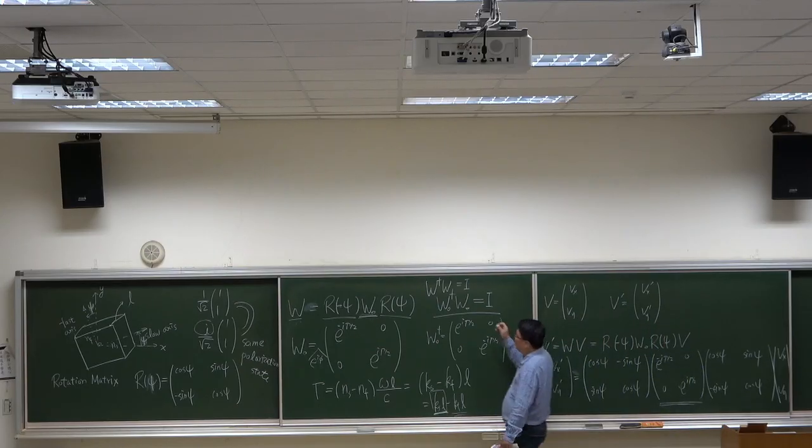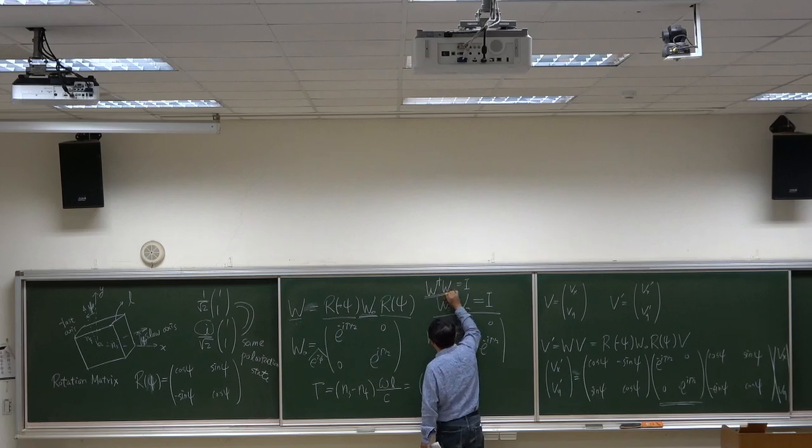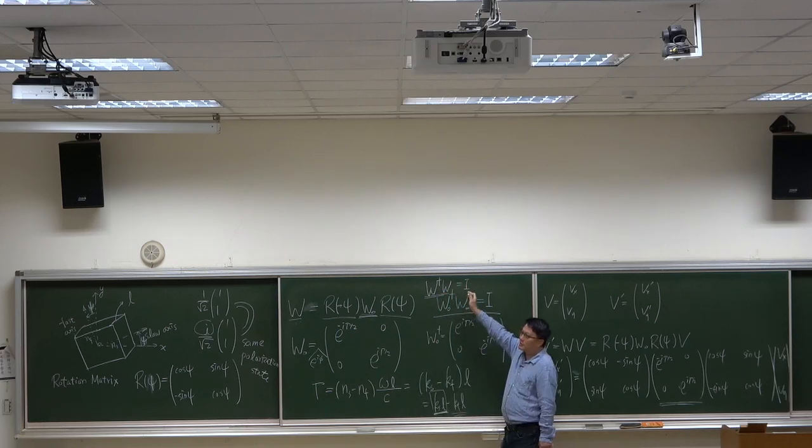And this tells us that the W matrix is a so-called unitary matrix.